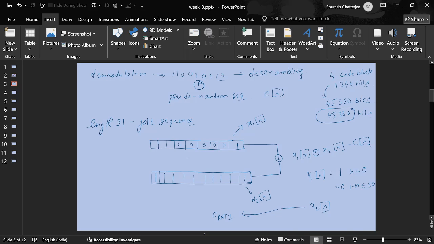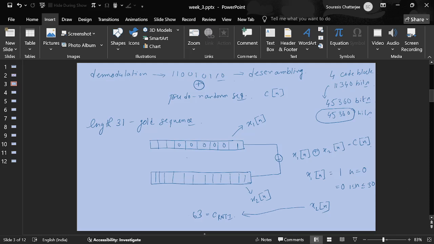So CRNTI is a number, and x2n is generated based on it. So if I choose CRNTI to be, let's say, what should I choose? Let's choose 63.